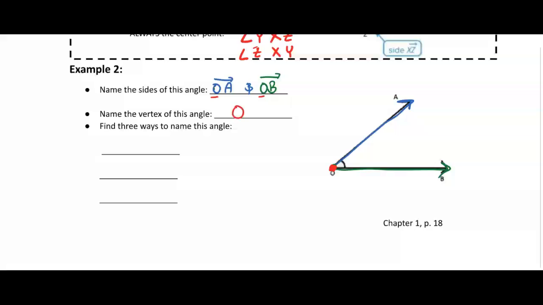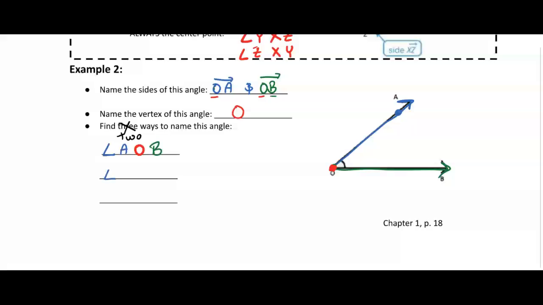And then we could name this angle 2 ways. We could technically do 4, but we're just going to use the angle notation. Angle AOB. O has to be in the center. Our common endpoint must always be in the center. And then I'm going to put the endpoint from one of the sides on one side and the endpoint from the other side on the other side of the angle.